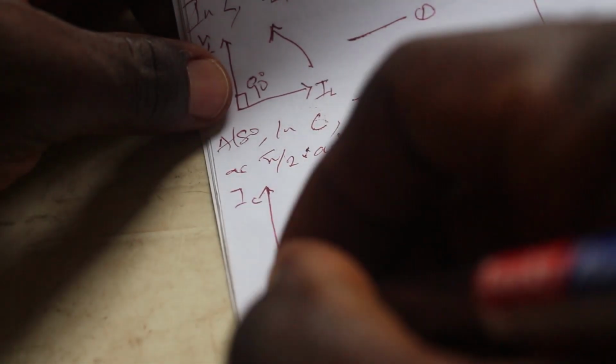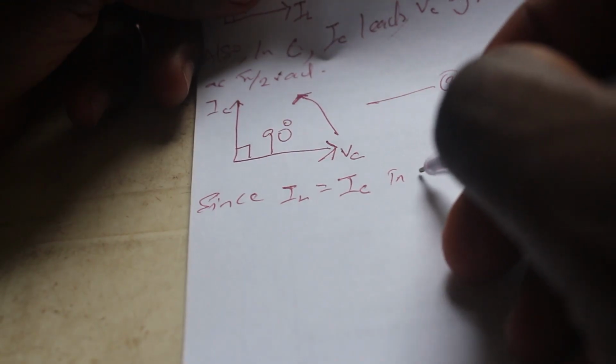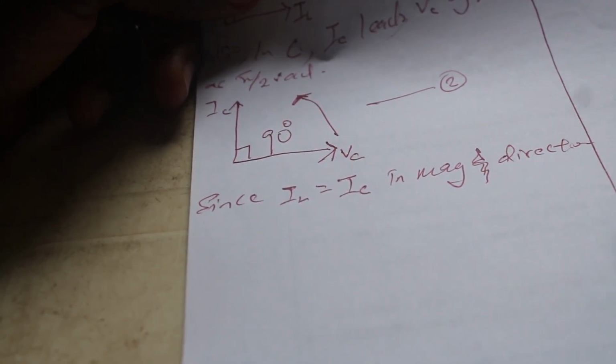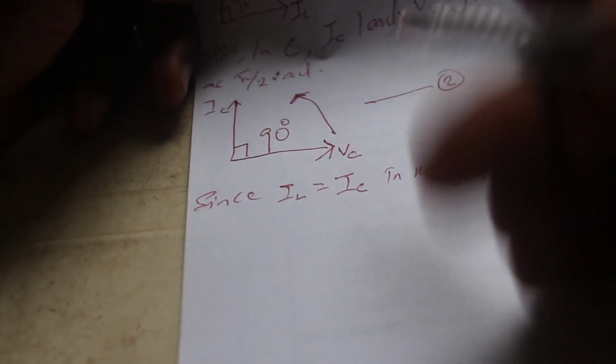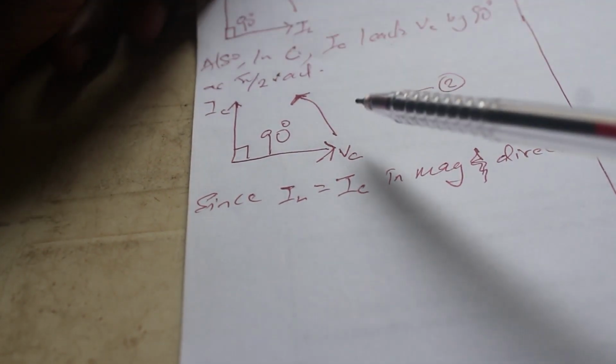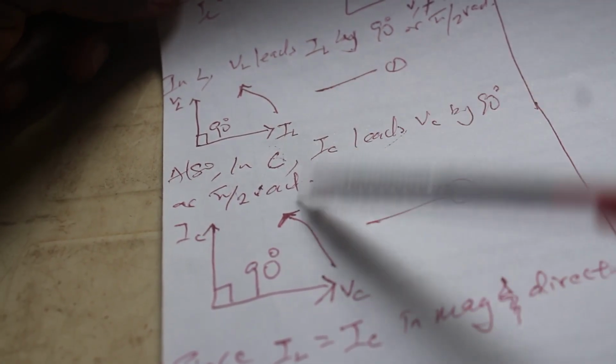Now, since from experiment we can see that both IL and IC are equal in both magnitude and direction, by the time we combine these two diagrams together, we'll get something like this.